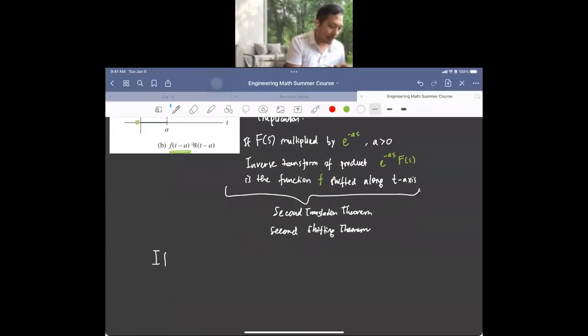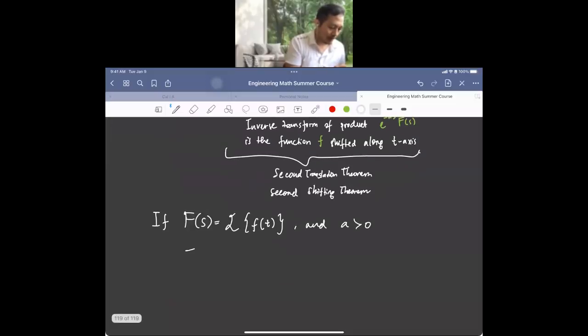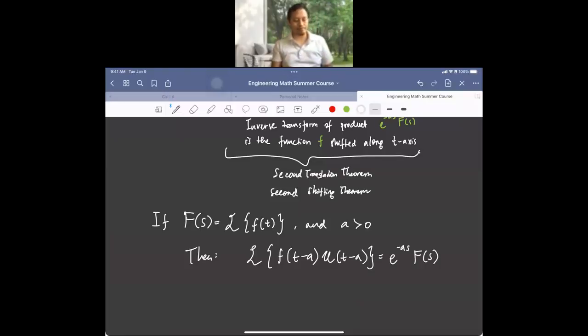So basically, if this is the Laplace of functions, and let's say a is positive, then the Laplace of f(t minus a) Heaviside(t minus a) is equal to e to the negative as times F(s).